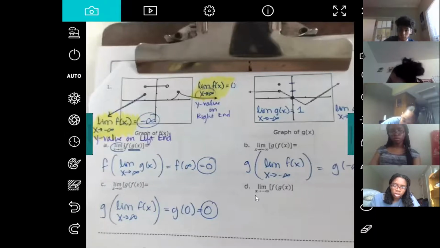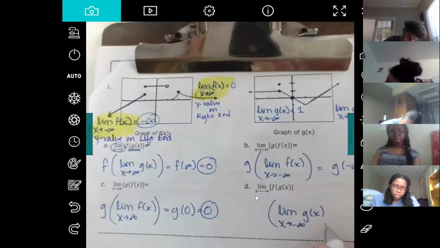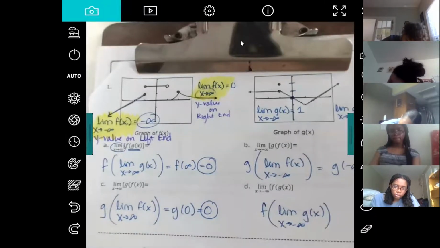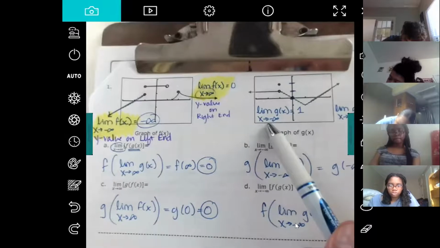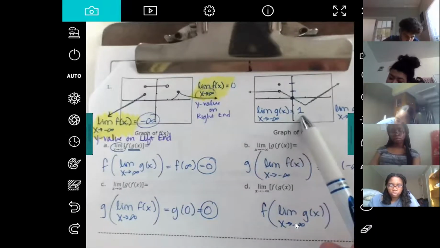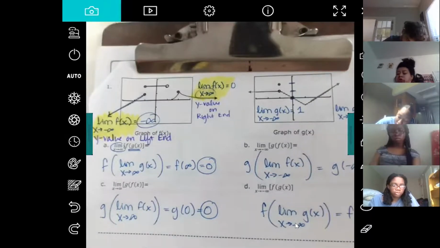Okay, last one like that. X approaching negative infinity, we're moving that into our g graph. And then we're going to plug that result into f. So g going to negative infinity, I'm looking at this guy right here. As x goes to negative infinity, my g's are staying at a height of 1. Then I can take my 1 and plug that into f if it is connected.